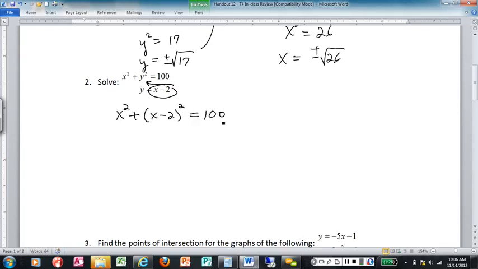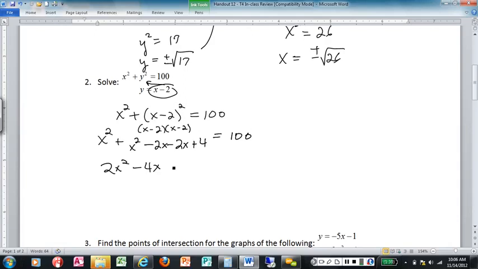And so that'll give me x squared plus, now remember this is x minus 2 twice, so that would be x squared minus 2x minus another 2x plus 4, because I have to FOIL that out right there. That equals 100, which on the left gives me 2x squared minus 4x plus 4. That equals 100.